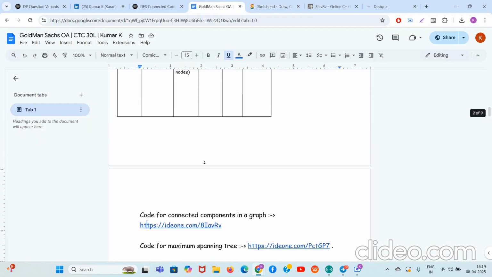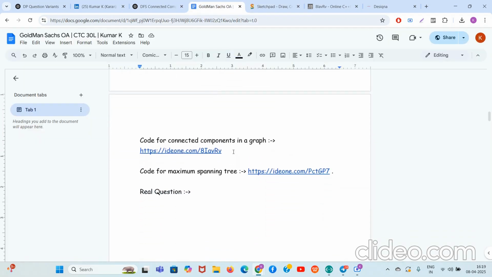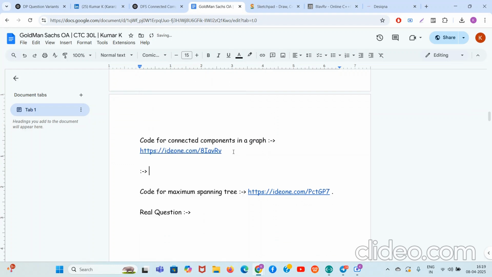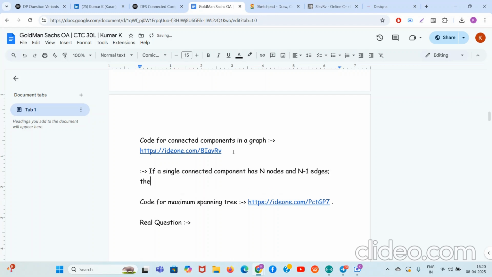And the earlier thing I will just write it here: if a single connected component has n nodes and n minus 1 edges, then it is a tree, a tree without any cycles.